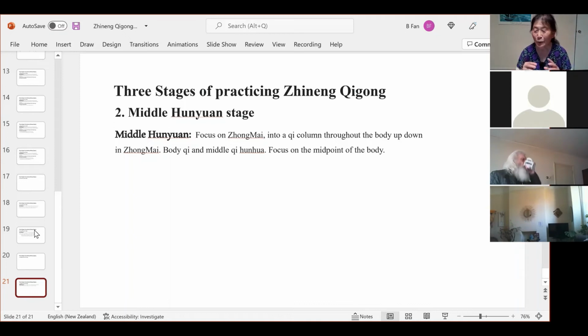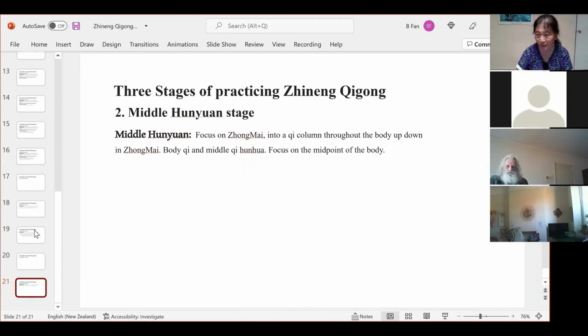So now we do the Zhongmei practice. Actually, we are working on Zhongmei. But Panshi didn't really teach the Zhongmei method. But Panshi designed it already. And the Zhongmei Huayan focuses on Zhongmei. Middle Huayan focuses on Zhongmei.